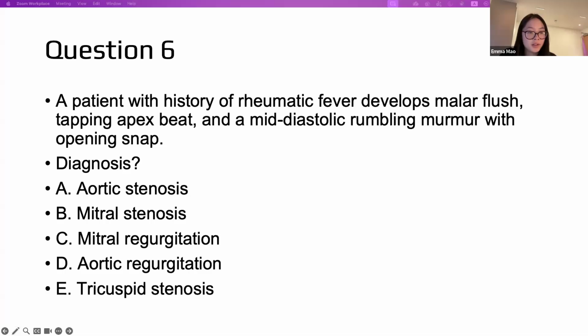Nice. So it's mitral stenosis. So that rumbling diastolic murmur and then that opening snap as well. And then malar flush is a key sign for mitral stenosis too.